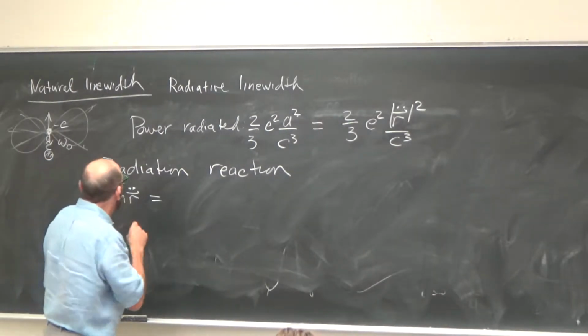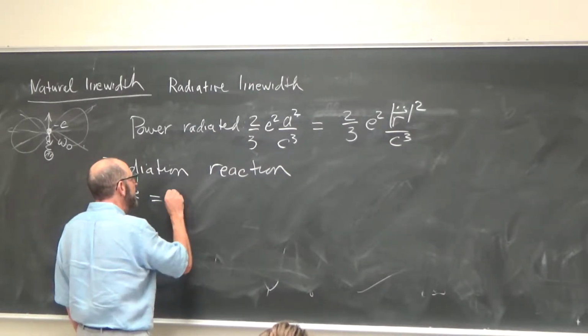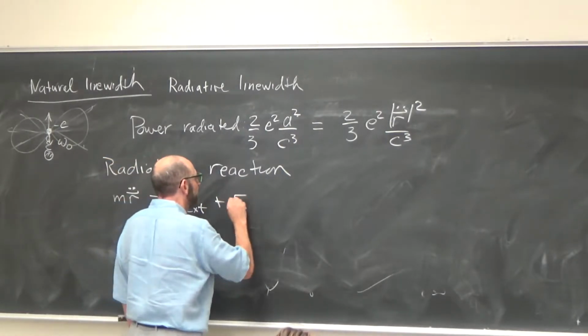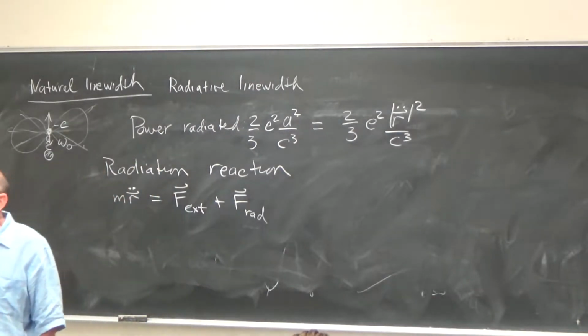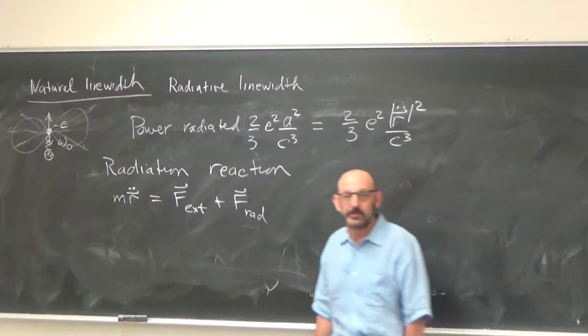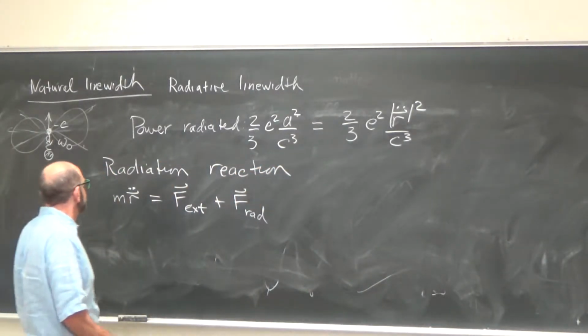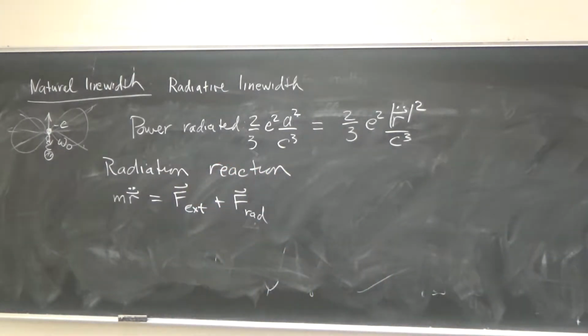And this force could be whatever the external force is that's being applied, plus the radiation reaction force, the force on the charge by its own electric field. Okay? So we want to calculate what that is.